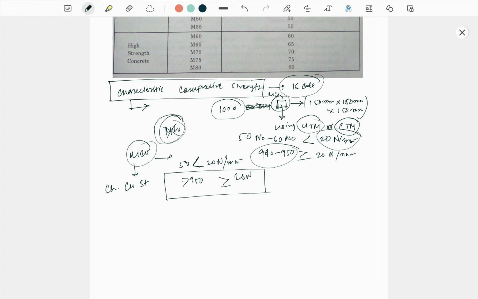Sometimes when you go through books or the IS code, the statement sounds hard, a little tricky. But after learning this, that will be clear. So now I am mentioning what is written in the books.